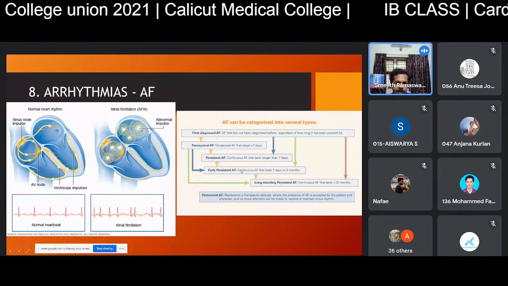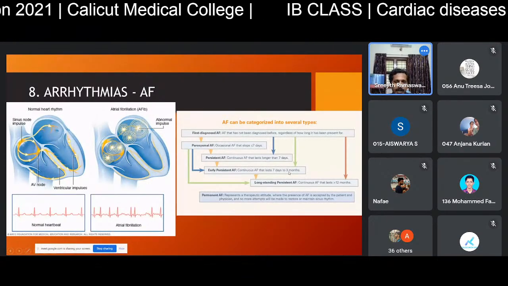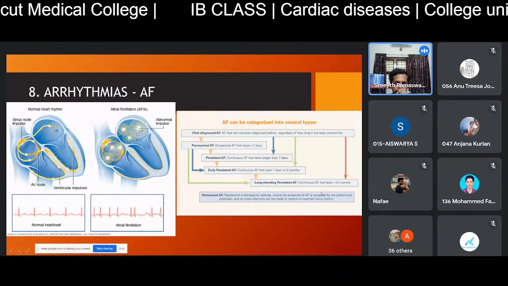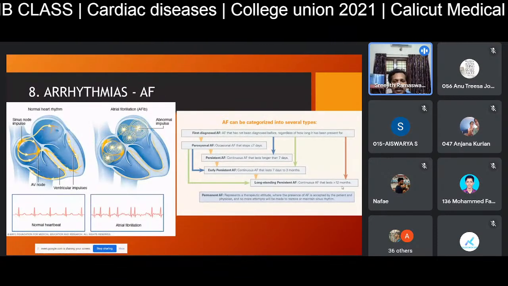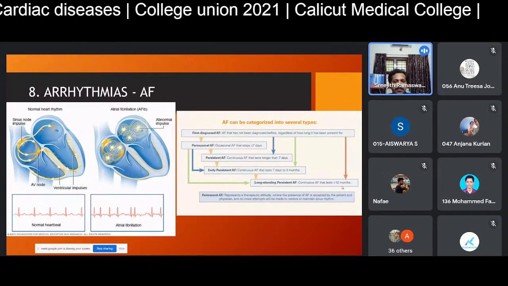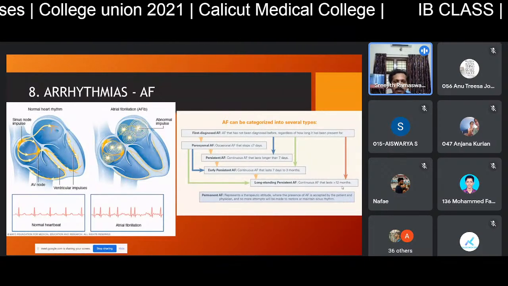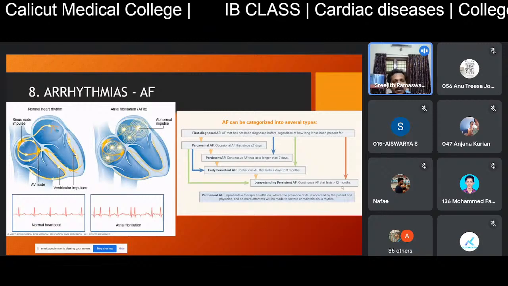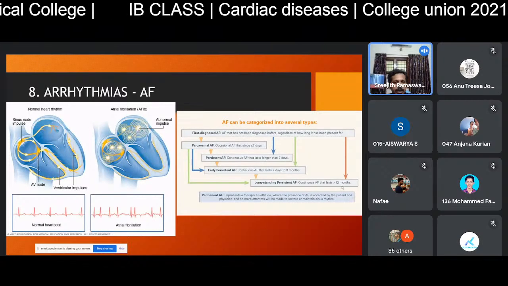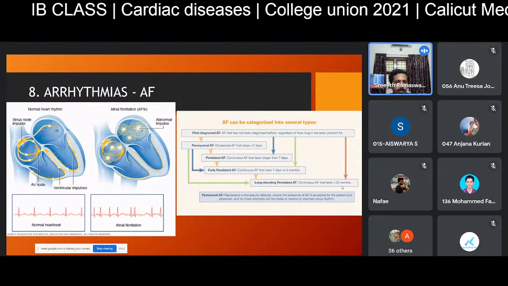Early persistent means 7 days to 3 months, and long-standing persistent means 3 months to more than 1 year. This is how you classify them.